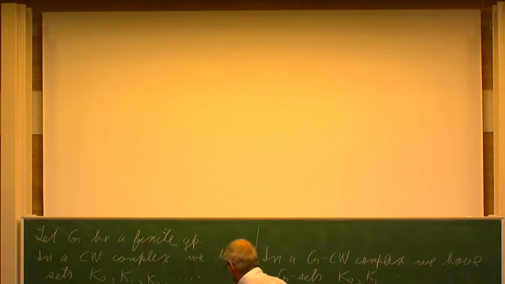You've got a G action on the (n-1)st space that you've already constructed, and this is the same map as before. There's no G action on the sphere or the disk. The only G action is on the set Kn, and so you have exactly the same diagram, but now all the maps inside are equivariant.